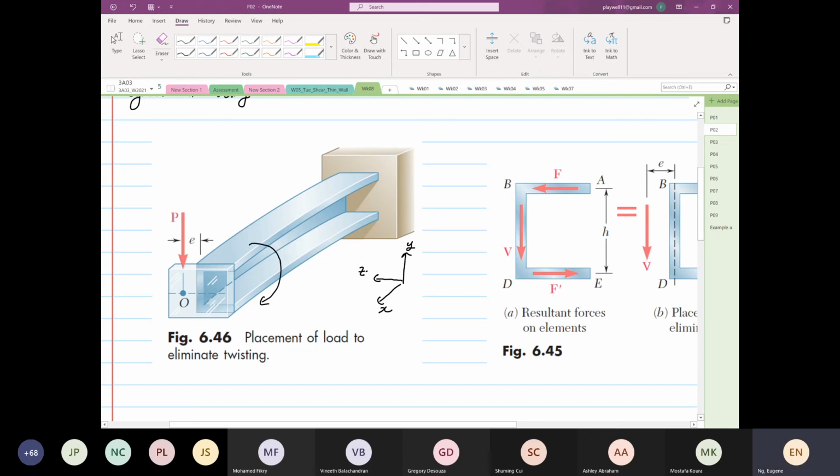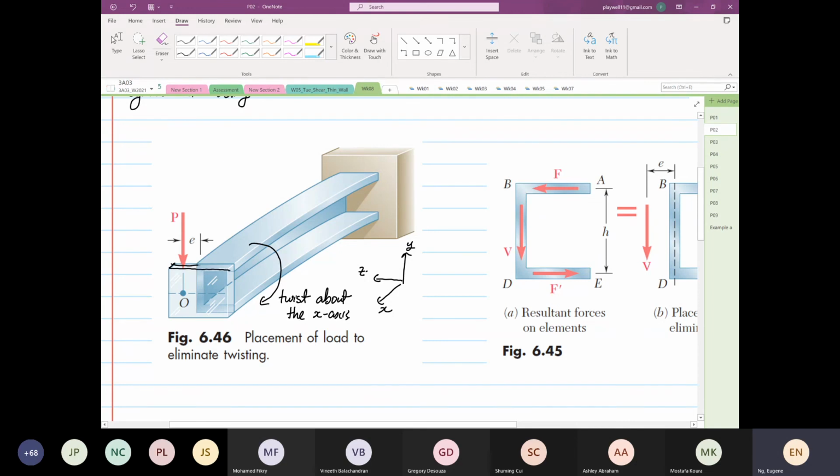So I'll say this is the twist about the x-axis. You want to twist. So to prevent it from twisting, I repeat again, we are artificially putting a block over here.